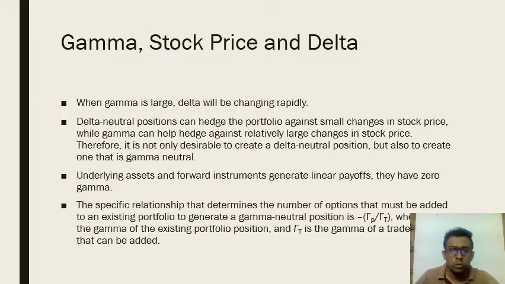So coming to the relationship between gamma, delta, and stock price. When the gamma is large, delta is changing rapidly. You'll see the graph of it is like this.